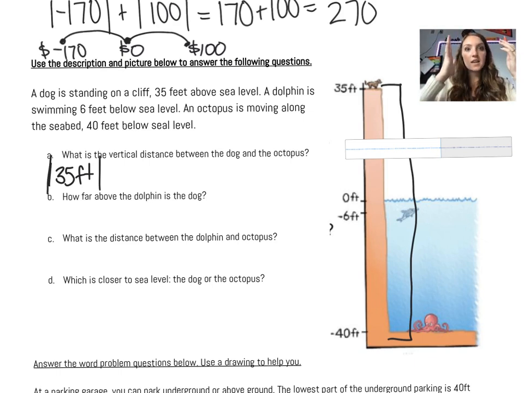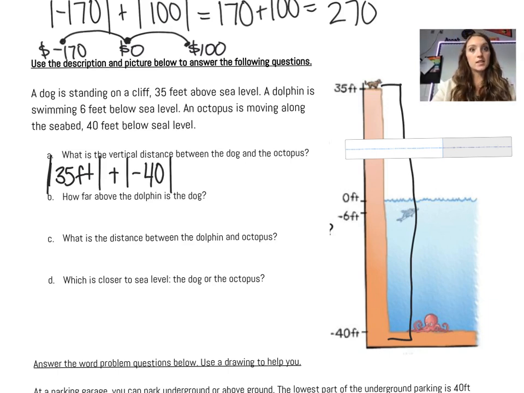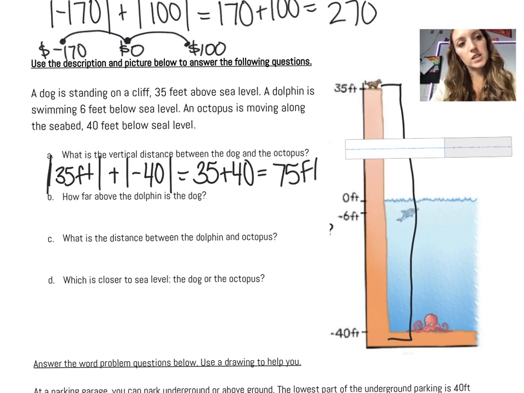I need to find the dog's distance to sea level, which would be its absolute value, and then I need to add my octopus's absolute value, or its distance to 0, to find that total amount between here. So this ends up being positive 35 plus a positive 40. So altogether, that distance from the dog to the octopus is 75 feet. 35 to here, and then 40 down below, altogether making it a positive 75 feet.